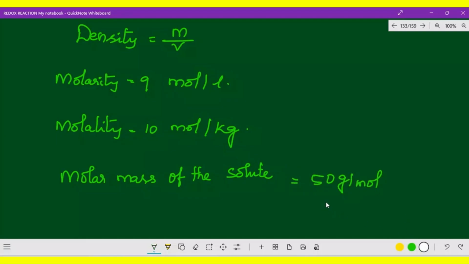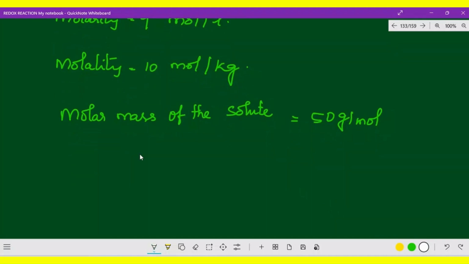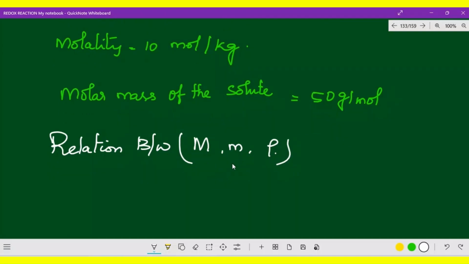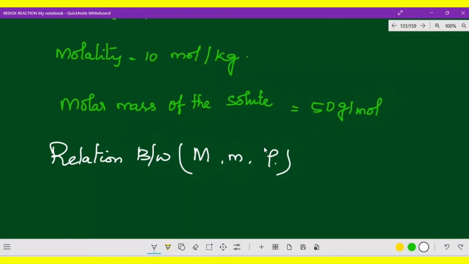Now the relation between molarity, molality and density. So I just put it with symbols: molarity capital M, molality small m, and rho is density.